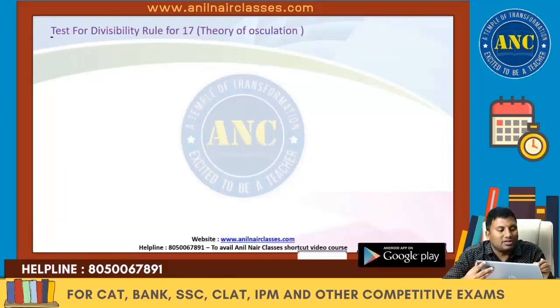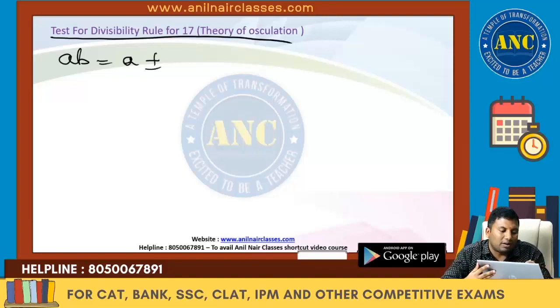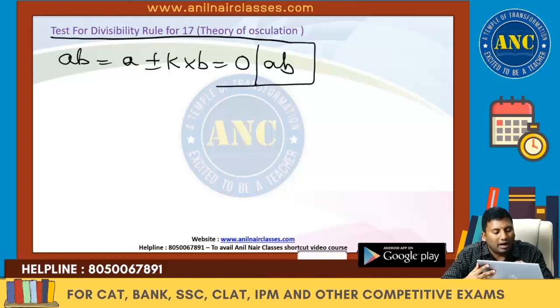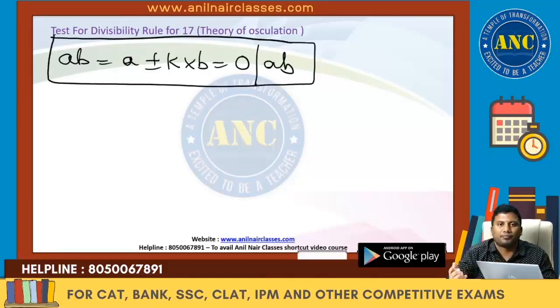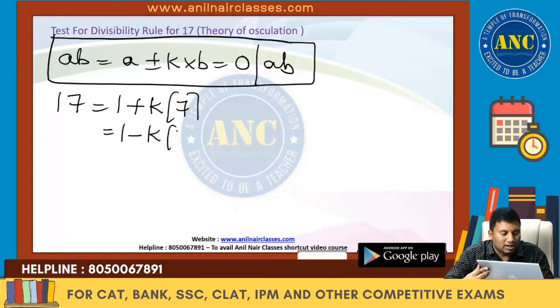Next one, divisibility rule for 17. AB, theory of oscillation. A plus or minus K into B should be either 0 or a multiple of 17. For 17, it is 1 plus K into 7, or it can be 1 minus K into 7.